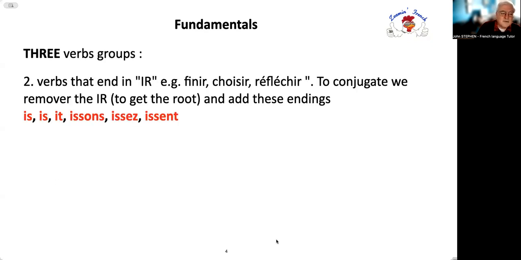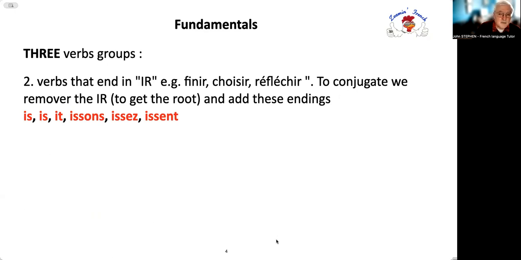The second group are verbs that end with IR. And the three examples I've chosen are finir, meaning to finish, choisir, meaning to choose, and réfléchir, meaning to think about something, to reflect upon something.